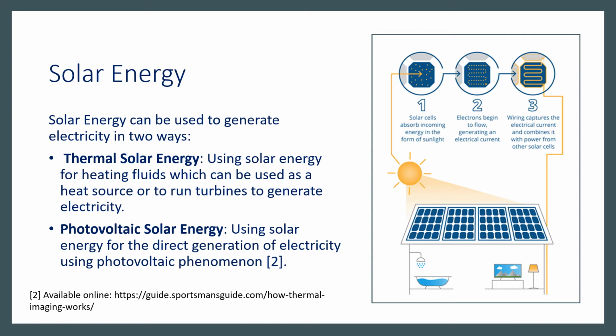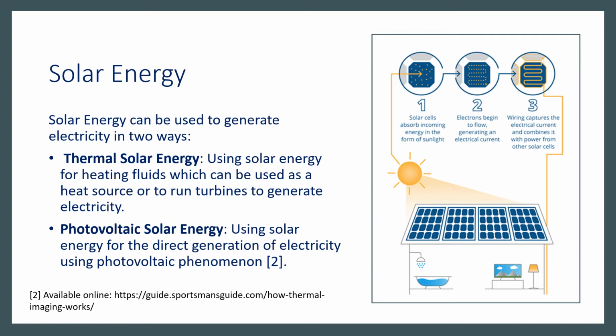First, thermal solar energy, using the solar energy for heating fluids, which can be used as heat source or to run turbines to generate electricity. The other one, photovoltaic solar energy, using solar energy for direct generation of electricity using photovoltaic phenomenon.